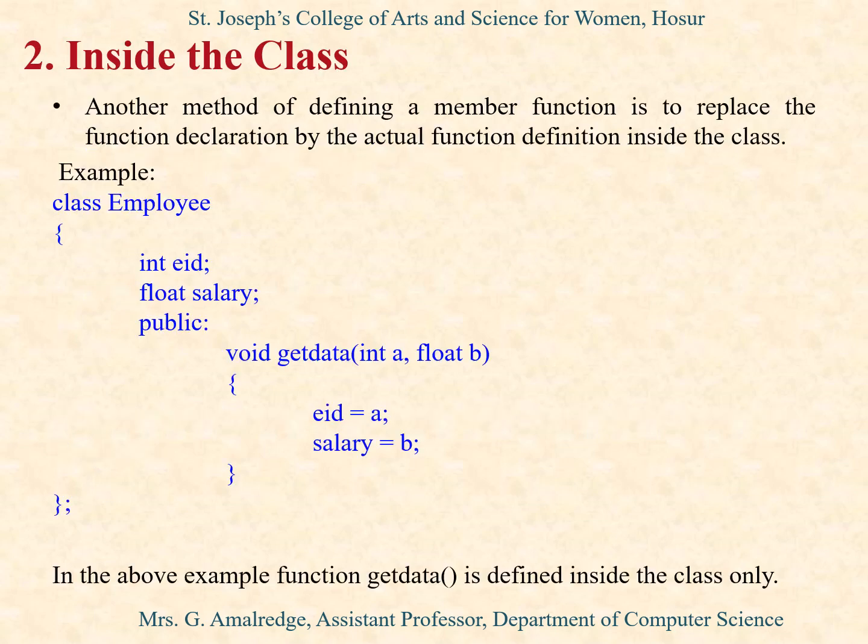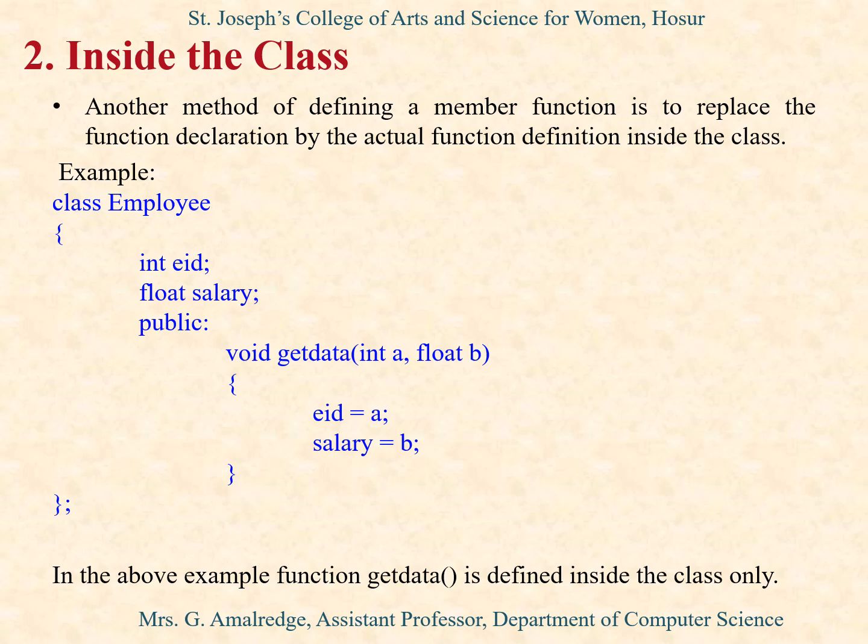Now we can see how we are going to define our member function inside the class. Here is an example. In this example, we are creating one class called employee. In that class, we are creating two variables EID and salary. After that, we are creating one member function called getData.